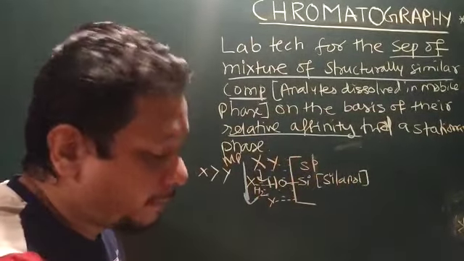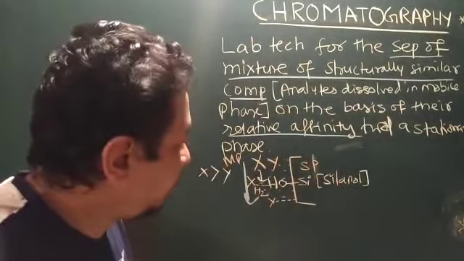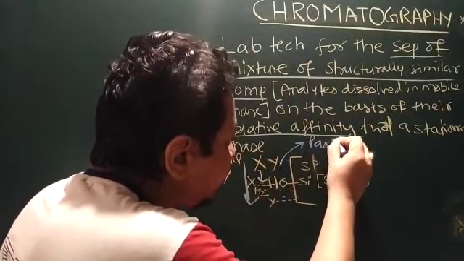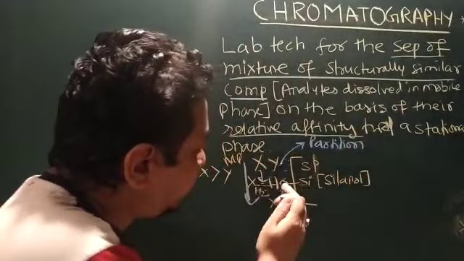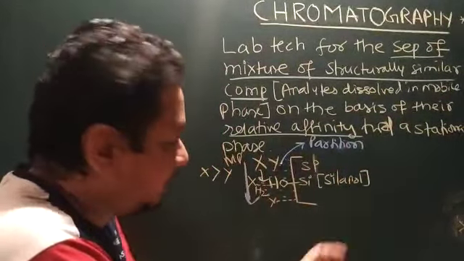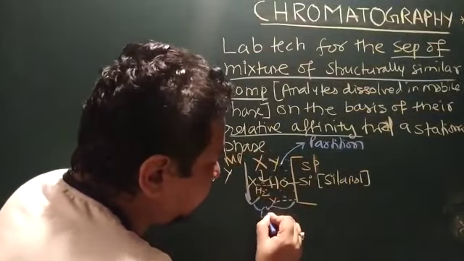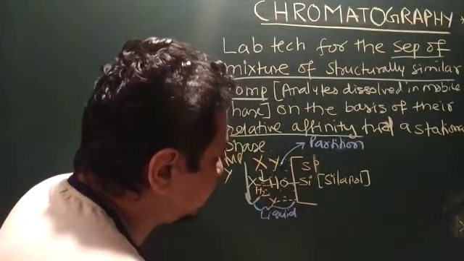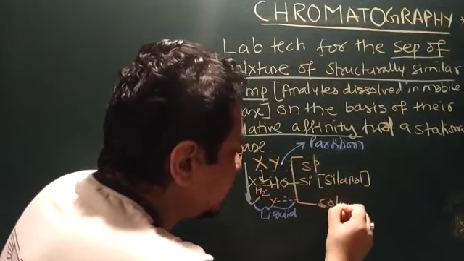So now there are two important concepts involved. One is they have to partition. There is a partition coefficient. There should be partition of the sample from the liquid phase to the solid phase. This is your liquid phase, and this is the solid phase. The stationary phase is solid over here.